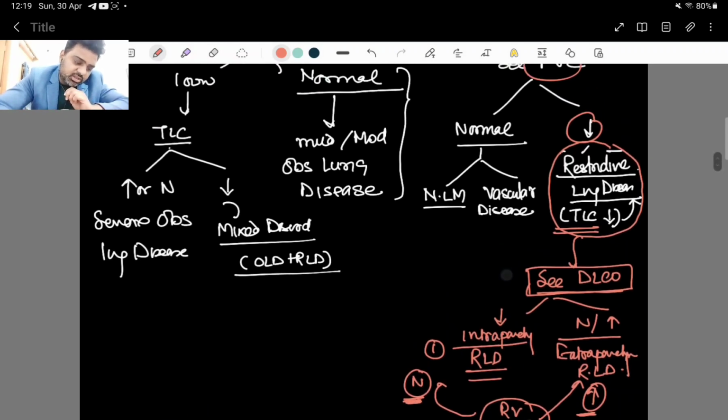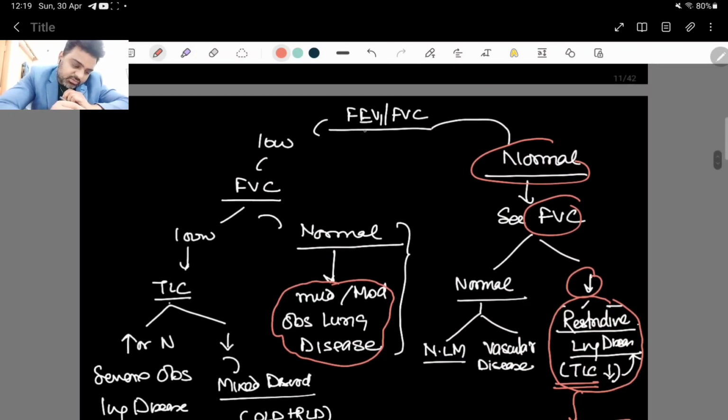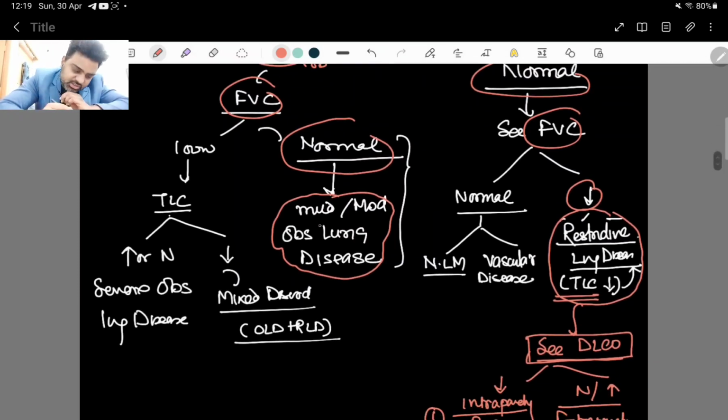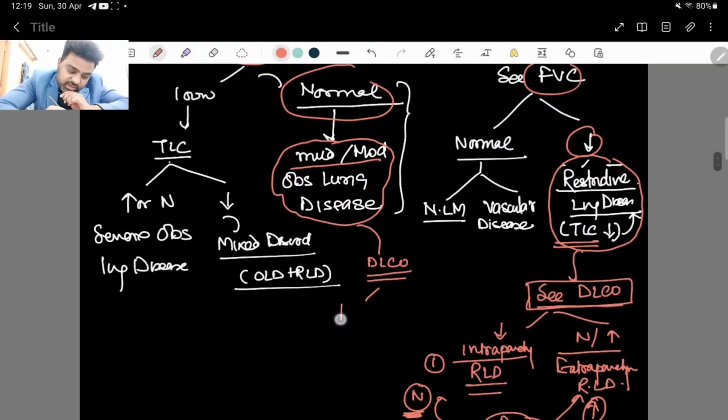Now you see here we have come to know that this patient has an obstructive lung disease. How? We have seen FEV1 by FVC was low, that means it is an obstructive disease. Then we see FVC which was normal, that means it is a pure obstructive lung disease, that is mild to moderate. Now here we can order DLCO. So what will DLCO do? If DLCO is decreased, then, I am telling again and again, the only obstructive lung disease with a decreased DLCO is emphysema.